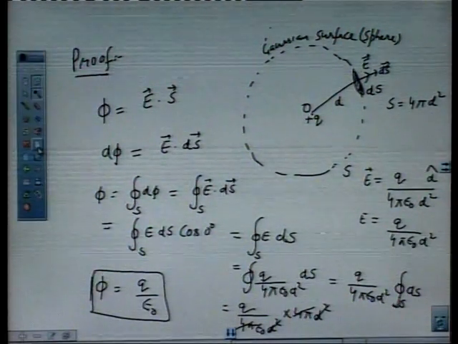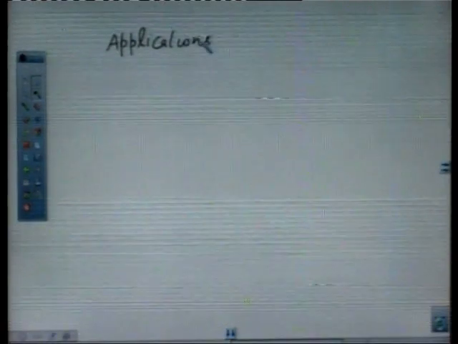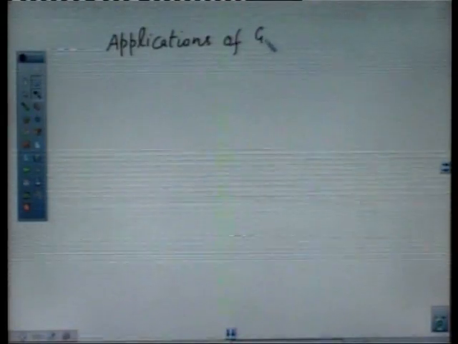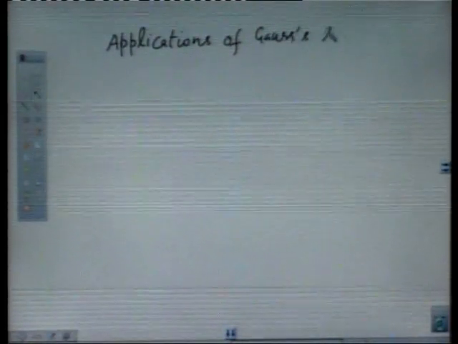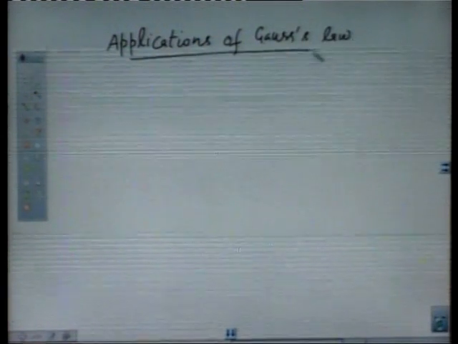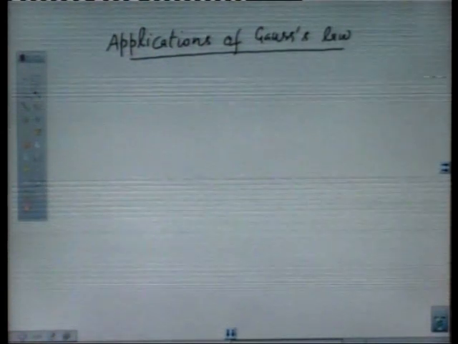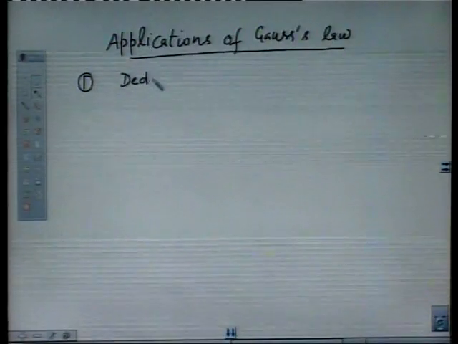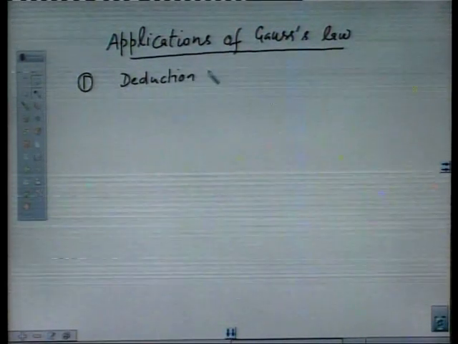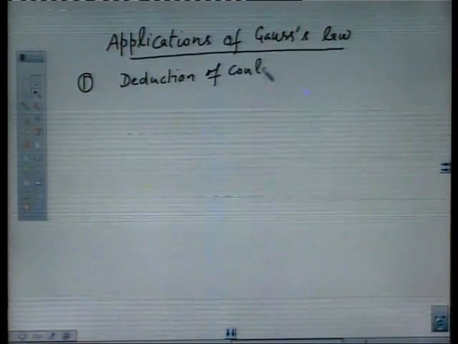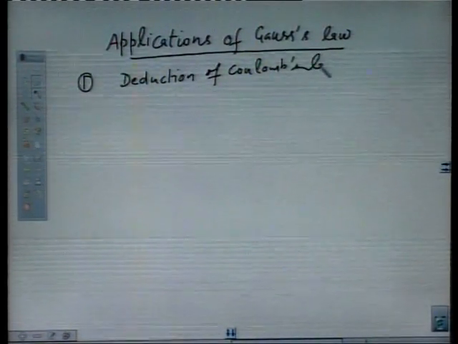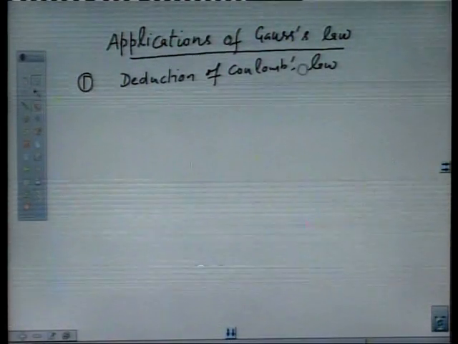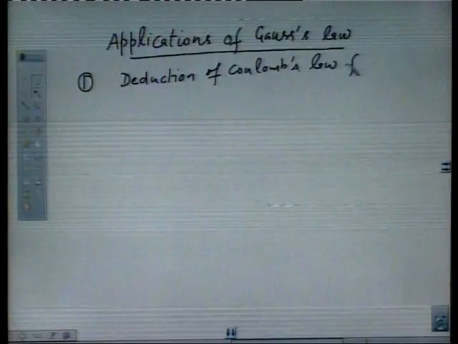Now, we will explain the applications of Gauss's law. There are various types of applications of Gauss's theorem. First is the deduction of Coulomb's law from Gauss's theorem.